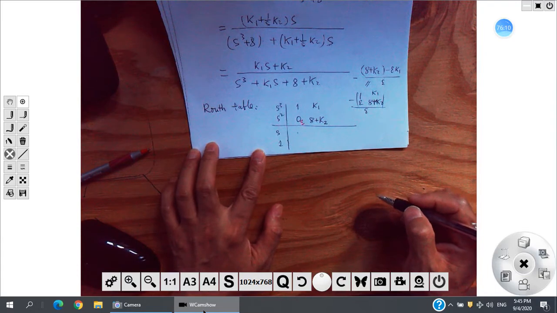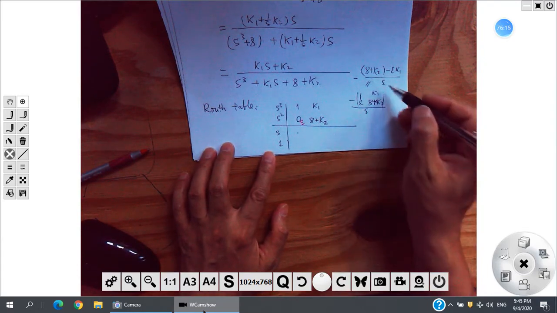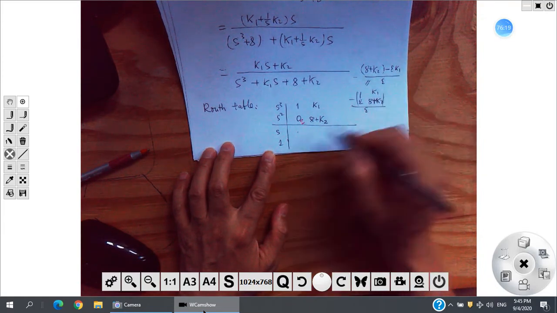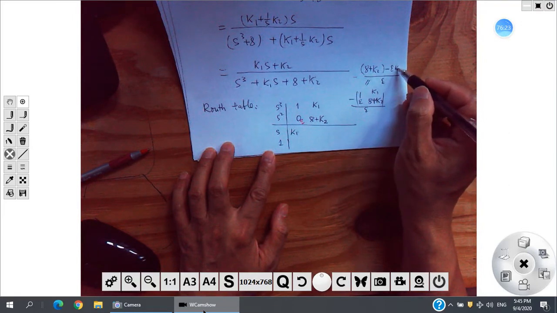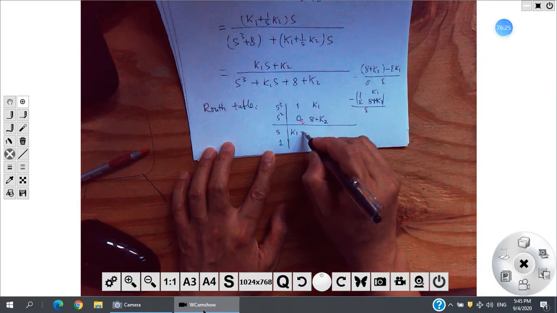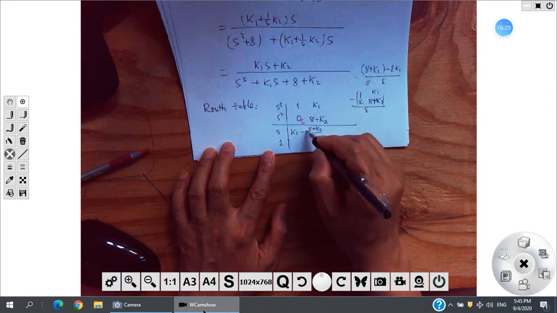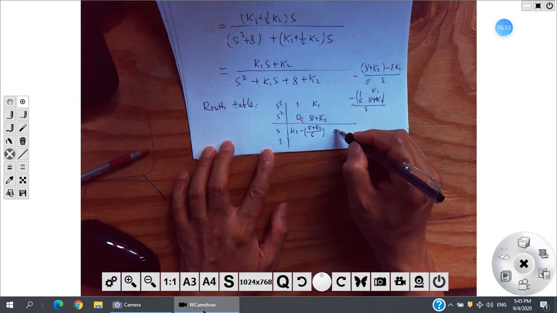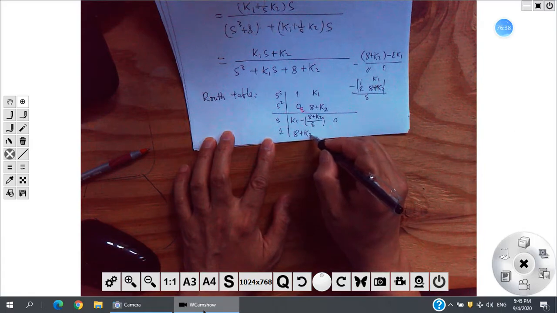So this gives us, I put the positive in front, K1 minus 8 plus K2 over epsilon. And this will be 0, and this will be 8 plus K2. Yeah, you can try.